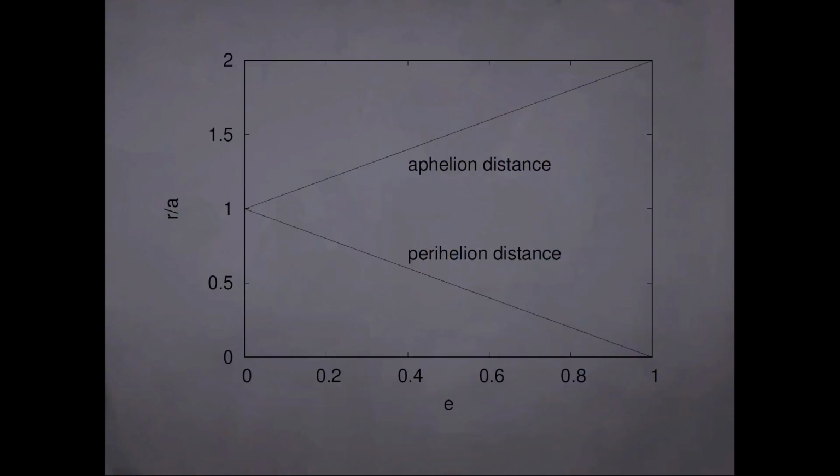And this is a plot of the radius vector normalized to the semi-major axis as a function of the eccentricity, and we observe two linear trends, an increasing one for the aphelion distance and a decreasing one for perihelion.